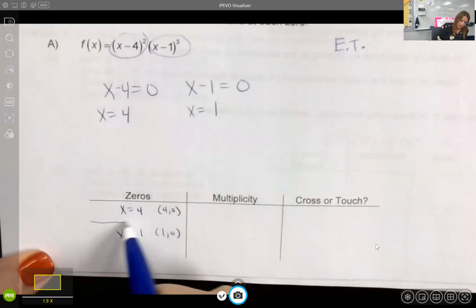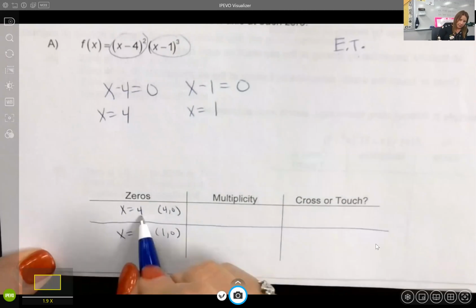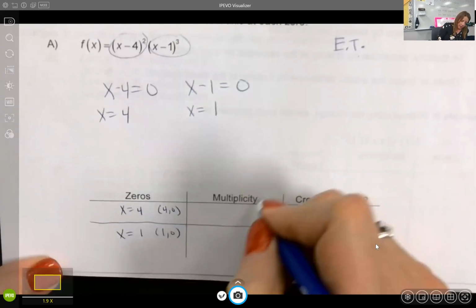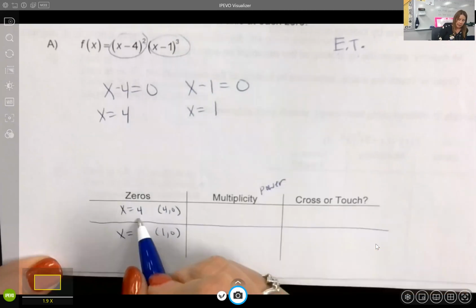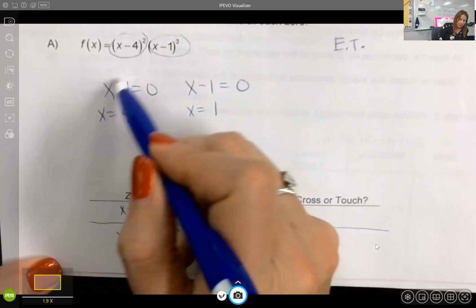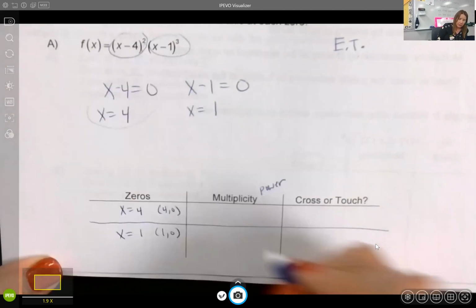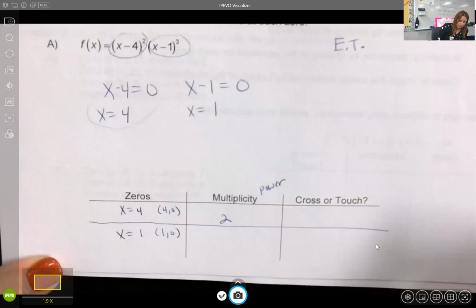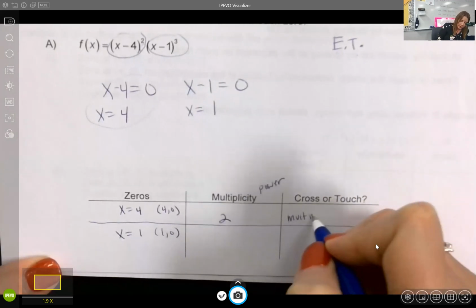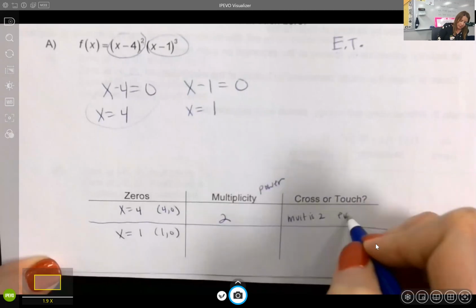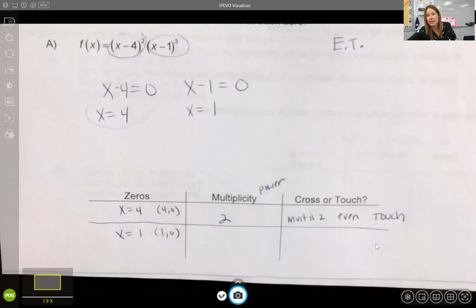So they're x-intercepts. Okay? So the multiplicity on 4, this means the power on the place where I found 4. So right here I found the 4 from this one, and that has a little power of 2. So this has a multiplicity of 2. So since the multiplicity is 2, and that's an even number, then this will touch the x-axis.